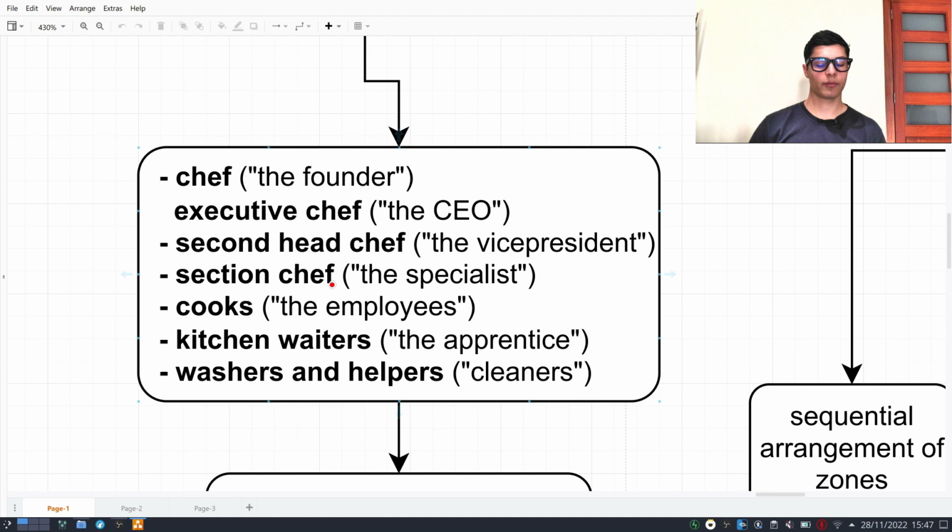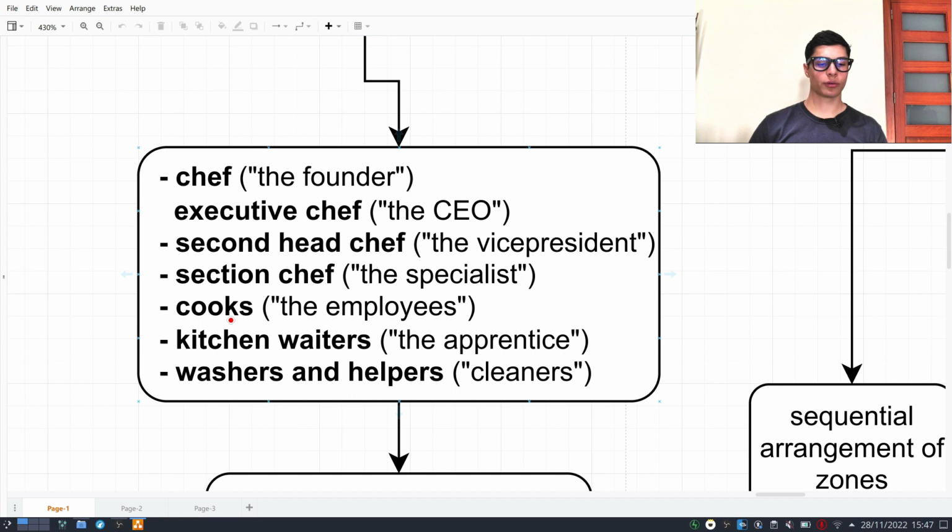Then the section chef is the specialist of a specific meal or dish. For example, there are section chefs for meat, section chefs for sauces, section chefs for desserts, whatever. And what they do is coordinate their own section.